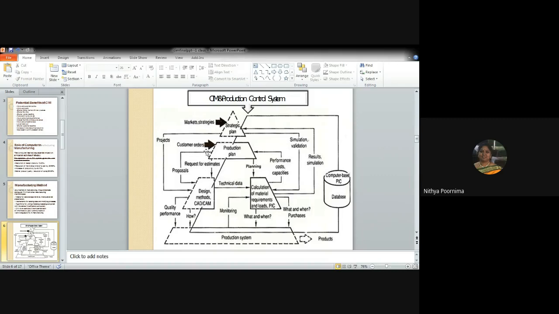So based on the customer orders, they had planned their production plan, and the production plan was first split into two components. One is design methods, whether what kind of CAD and CAM can be appropriated. Then they also need to assess the calculation of raw material requirements, loads, program in, controlling.